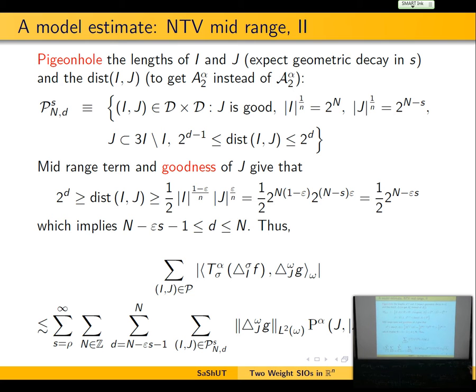Because this is the simplest case, things now work beautifully, and in a reasonably short way. So because of goodness of J, on the one hand, distance of I to J, because we're in the mid-range term, namely this, is at most 2 to the d. On the other hand, because we are good, we have this estimate. This is the precise definition of the goodness, but anyway.